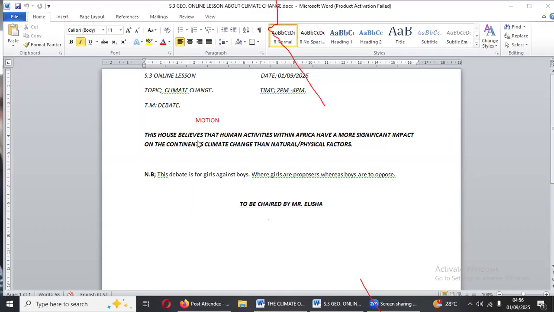Okay. So now I will start my speech in 3, 2, 1. So this house believes that human activities within Africa have a more significant impact on the continent's climate change than natural or physical factors. Now, what do we need to understand in the context of this debate? One, we need to understand climate change.